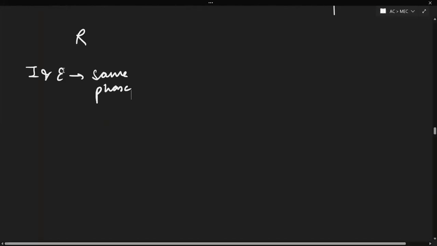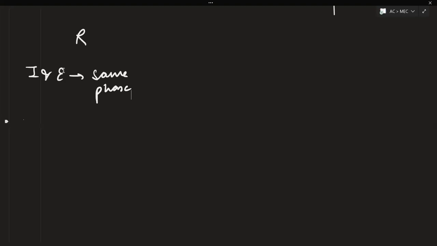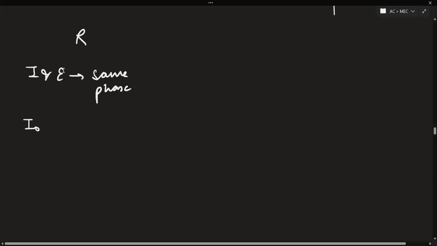Resistance was given by R. So I naught is equal to E naught divided by R. IRMS is equal to ERMS divided by R.